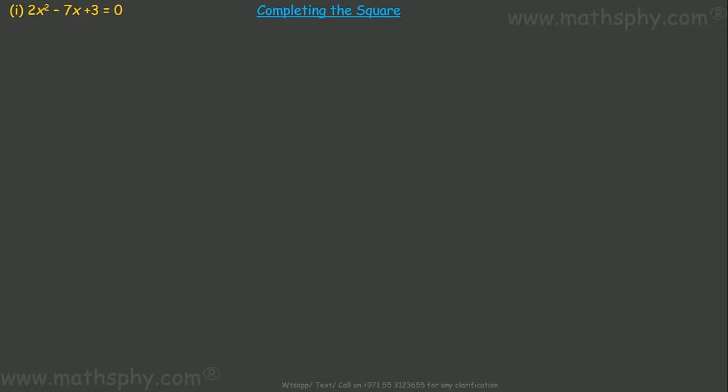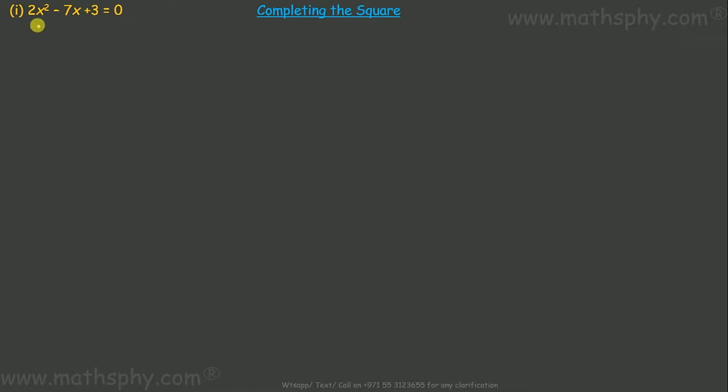Second, the same completing the square method, but without making squares. First, we'll study completing the square by actually making the squares, and after that, we will study the same method without making actual squares. Let's take this up first with making some squares.